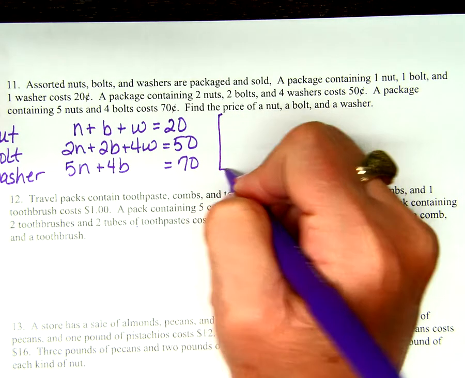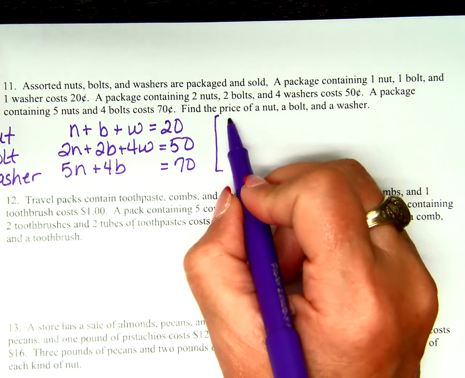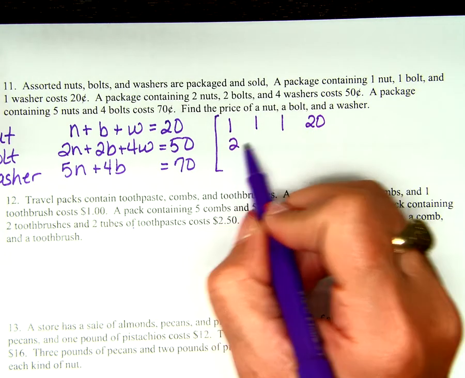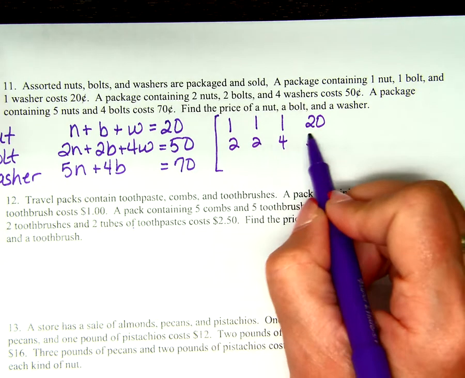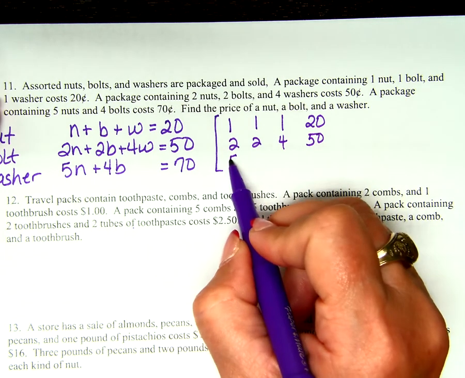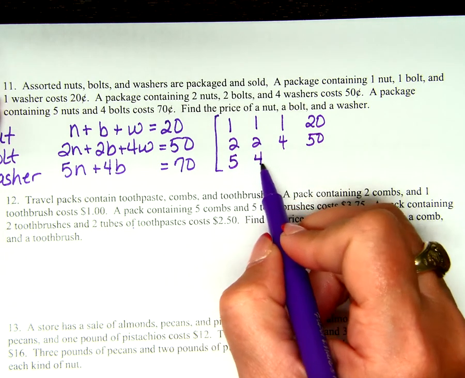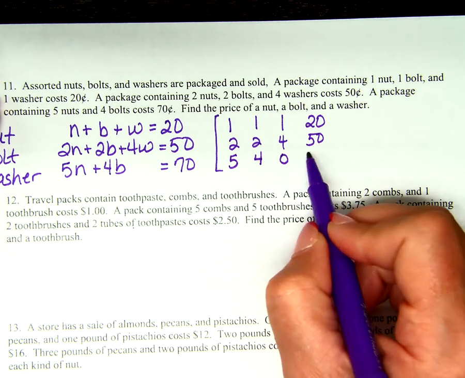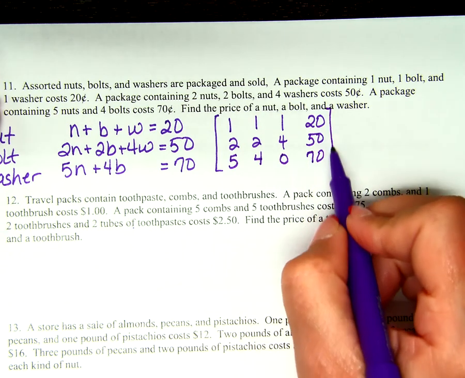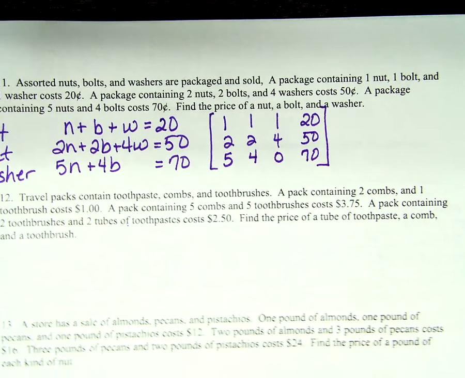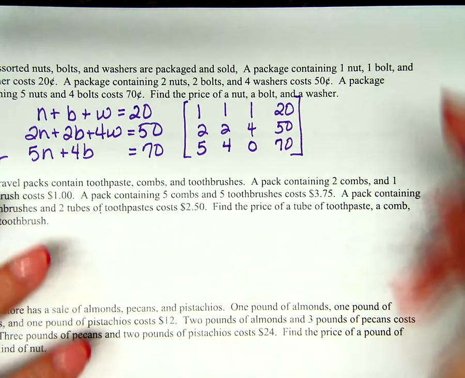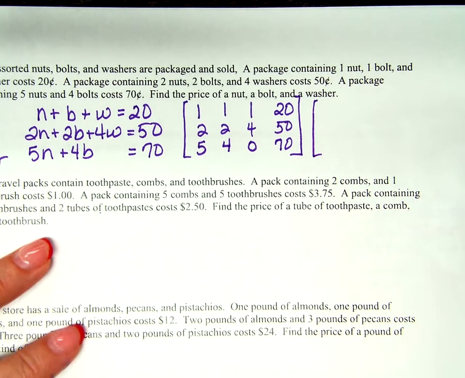We write the coefficient matrix first. So 1, 1, 1, 20, 2, 2, 4, 50, 5, 4, 0, 70. What else do I have to write if I'm showing my work for a matrix? Your answer matrix, okay? Go ahead and plug this in to your calculator.